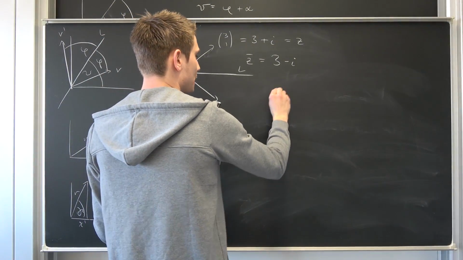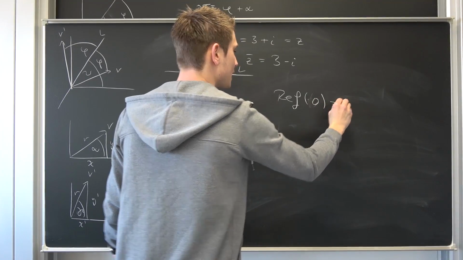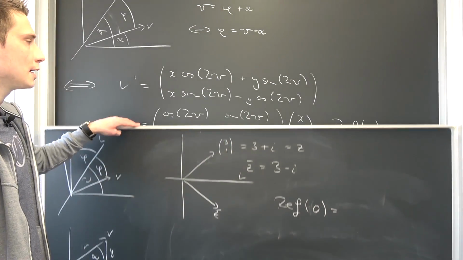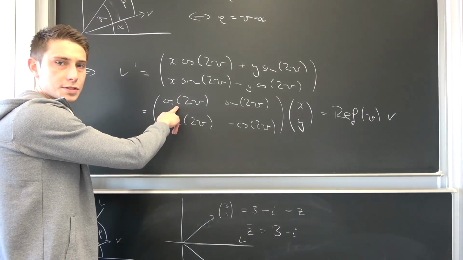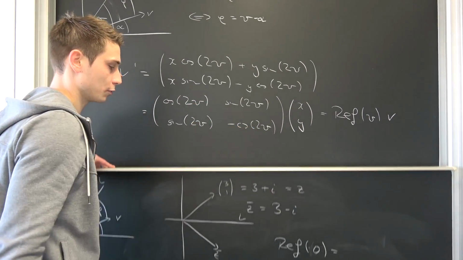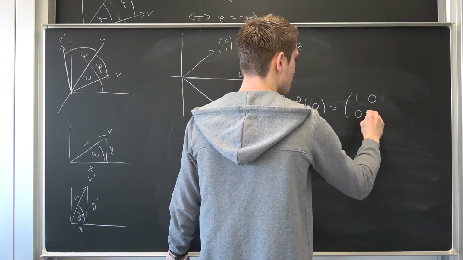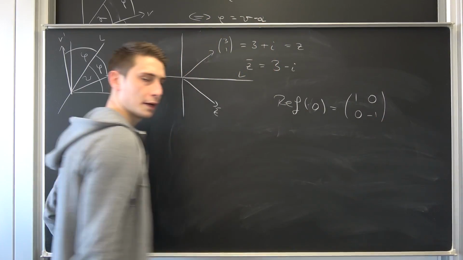Meaning, our reflection matrix of 0 in this case, we are going to use this, is going to be cosine of 0, which is just 1. That's going to be 0 and this is going to be negative 1. Meaning we have a matrix 1, 0, 0, negative 1.